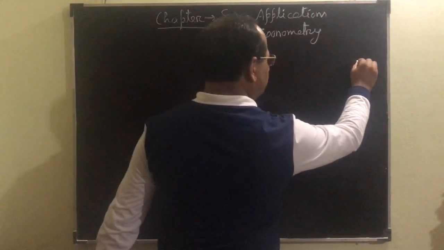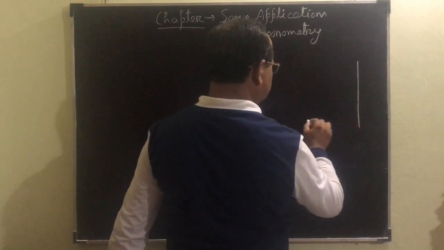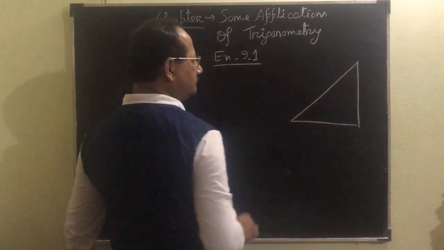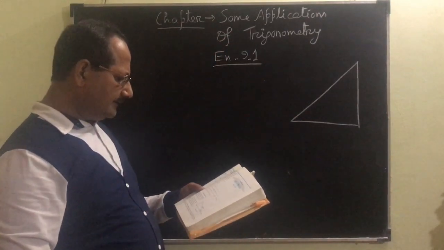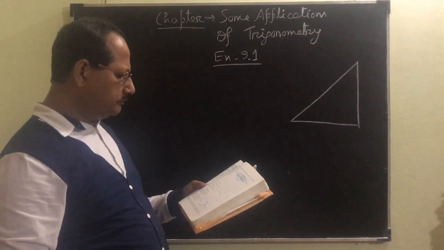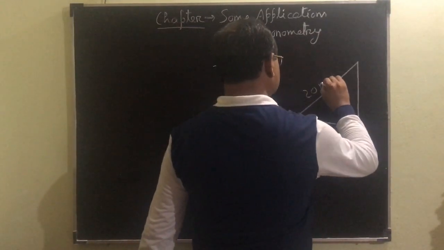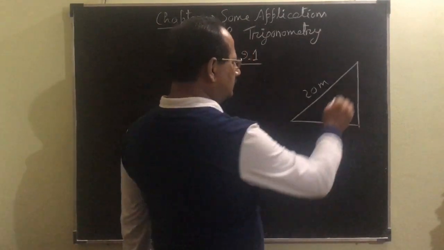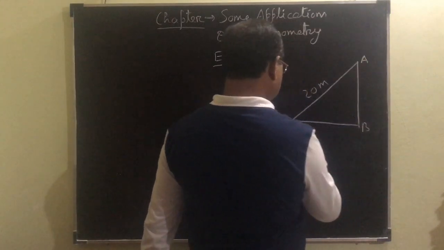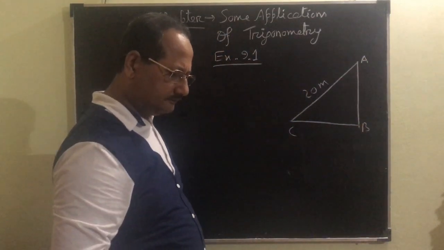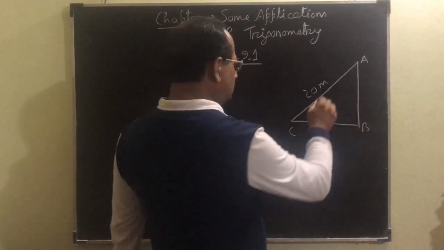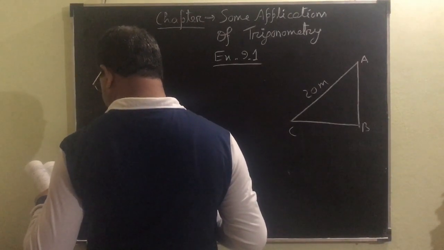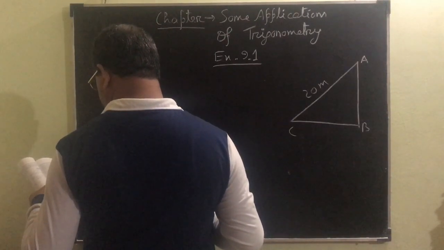Suppose this is the pole and this is the rope AC.